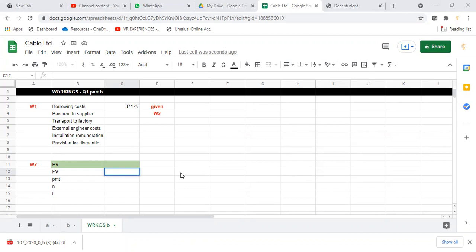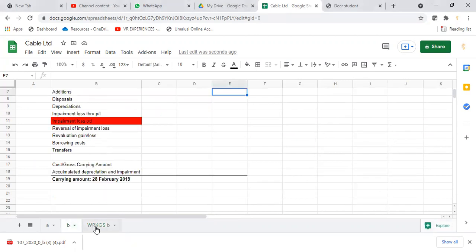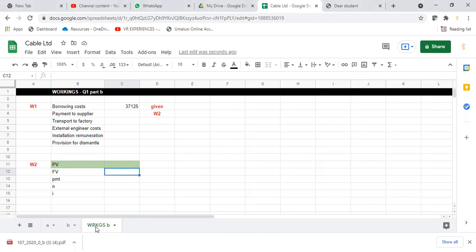Okay, so I was saying that I'm doing the workings on this tab and I'll put the answer in over there. I was also saying that we are dealing with the cost of the item.